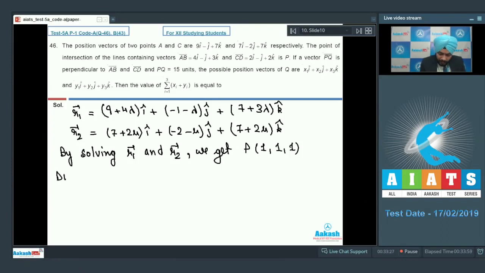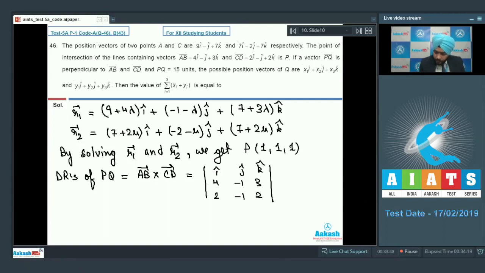Now the direction ratios of PQ will be obtained by AB cross CD. That means i j k, 4 minus 1 3, and 2 minus 1 2. The direction ratios are, now what we'll have?